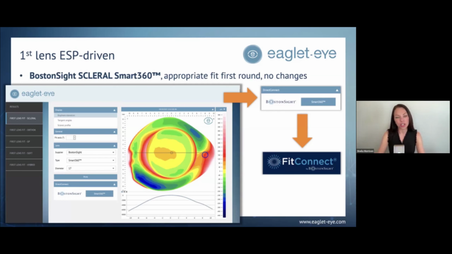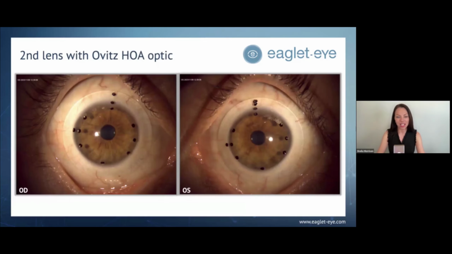Once we determine a patient's a great candidate for HOA, then we get in these babies. So we see a right and left lens. These lenses are dotted. And the reason that they're dotted is because anytime we place HOA correction on top of the visual axis, if it's not absolutely perfectly placed, we can actually induce more aberration and cause more dissatisfaction with our patients. Each manufacturer that can apply HOA correction to sclerals has a slightly different pattern.